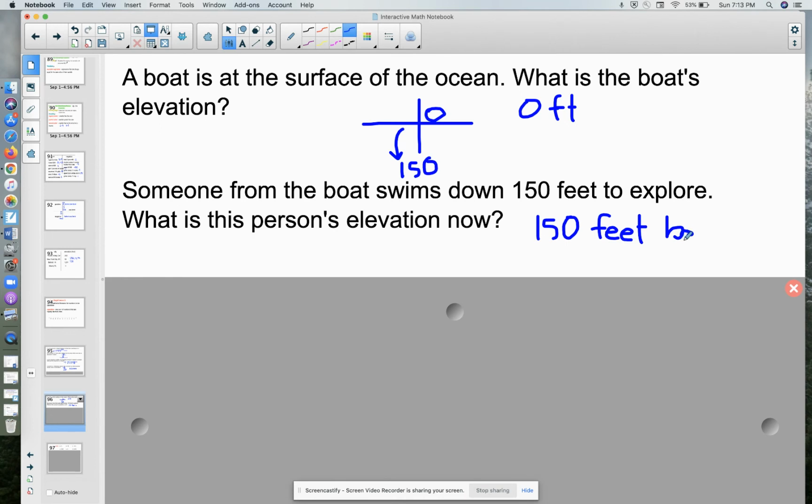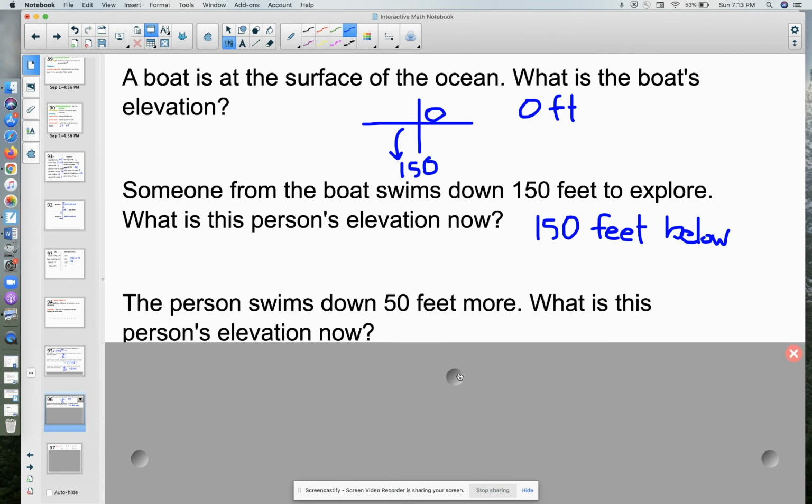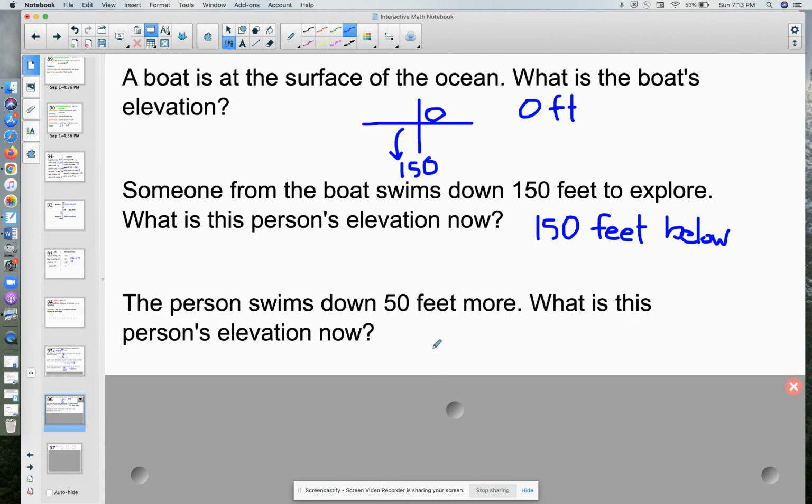Below. Right. The person swims down 50 feet more, so swims down another 50 feet. What's the person's elevation now? What do you think? Right, 200 feet below.